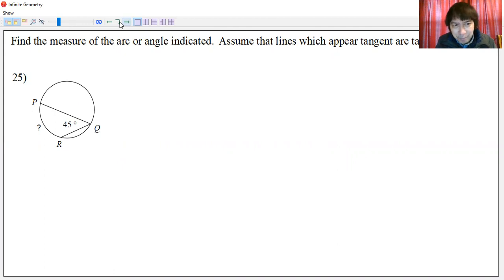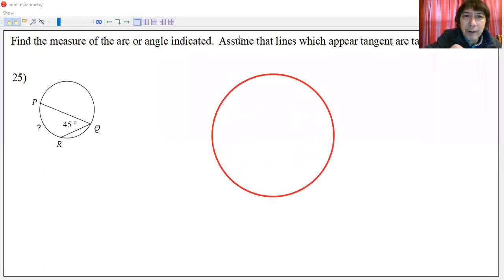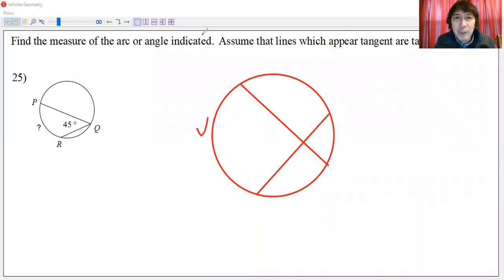So let me explain this. If we have a circle and a chord and another chord intersecting, and we have this particular arc here, let's put labels.